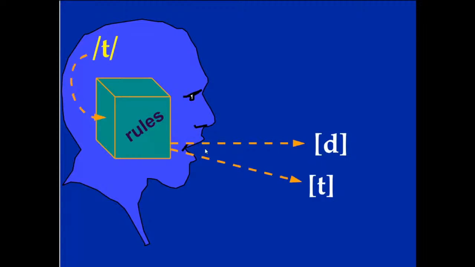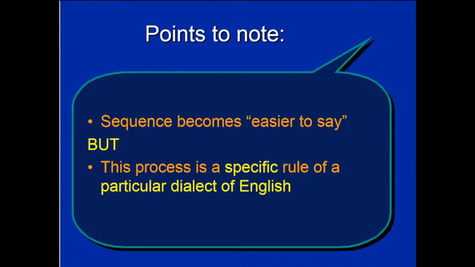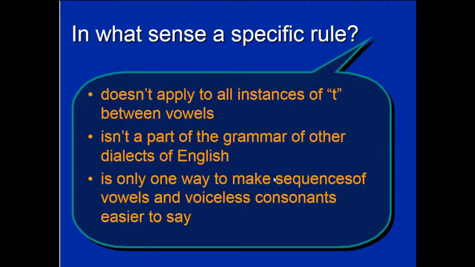For example, we have got a phoneme that we pronounce as t. This t can be pronounced both as a d or t, depending on the phonetic environment where t is found. Now, of course, we can talk about the rule as being a specific rule, which means that it does not apply to all instances of t between vowels.